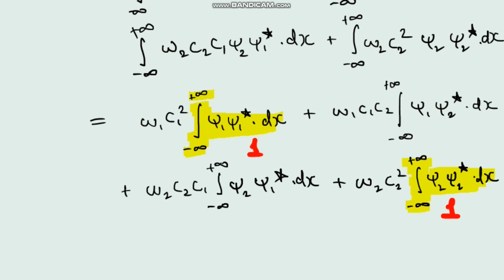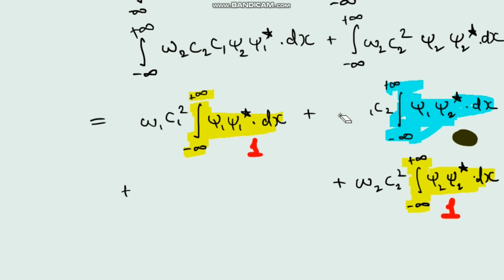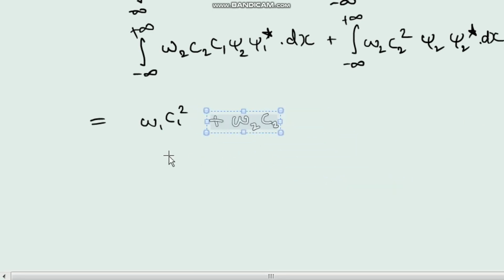On the other hand, these two wave functions are orthogonal to each other, as they are eigenfunctions of the same equation, p cap psi, and so the whole integration will be 0. So these terms will be cancelled and these terms will only be 1. We are left with only these two terms.